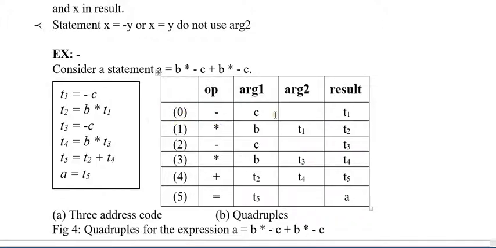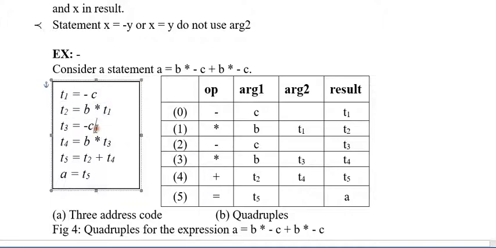Then the argument is C, and the result of minus C is stored in T1, so in the result section we have T1. Now index 1: here the operation is multiplication, argument 1 is B and argument 2 is T1, and this result is stored in T2.